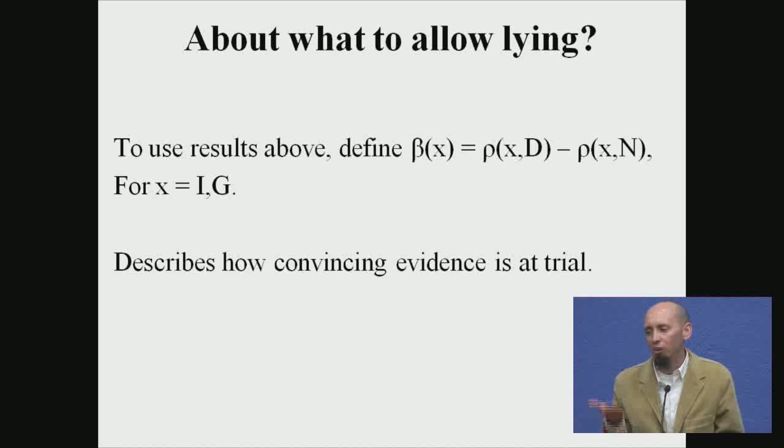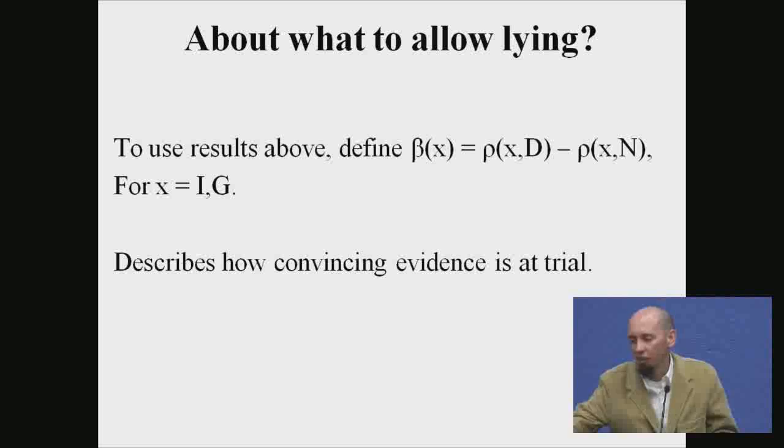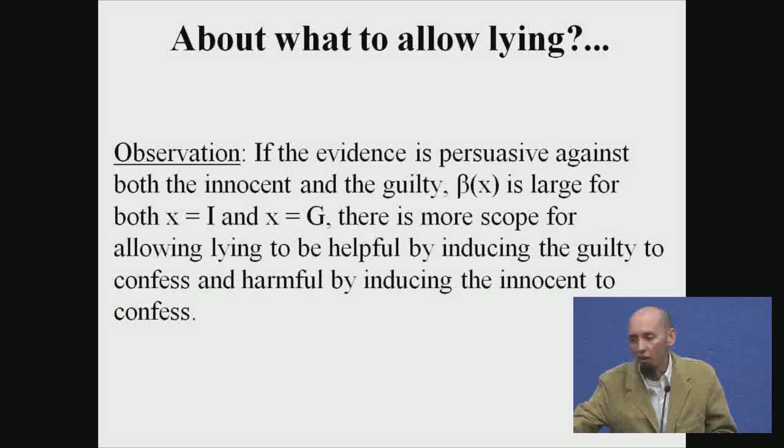The probability the accused is found guilty if they have the evidence is ρ_XD, and the probability the accused is found guilty if they don't have the evidence is ρ_XN. We're going to use that to think about how wide these probabilities are, given guilty or innocent, contingent on whether they have the evidence. In some ways it describes how convincing the evidence is at trial.